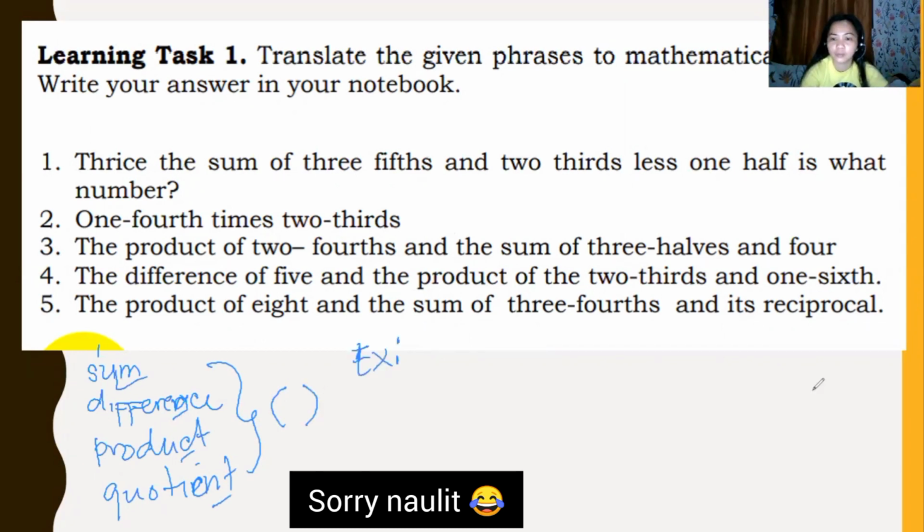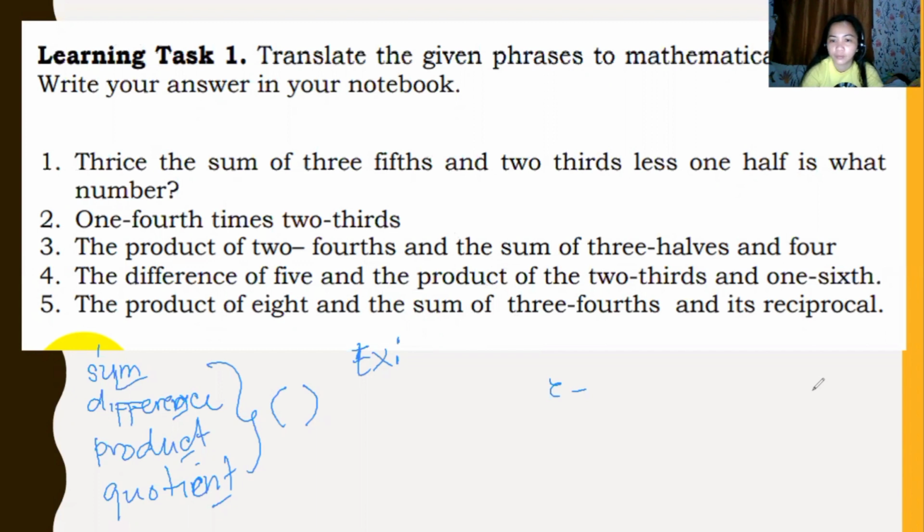So kapag, let's have an example. Twice the difference of 1/3 and 1/5.